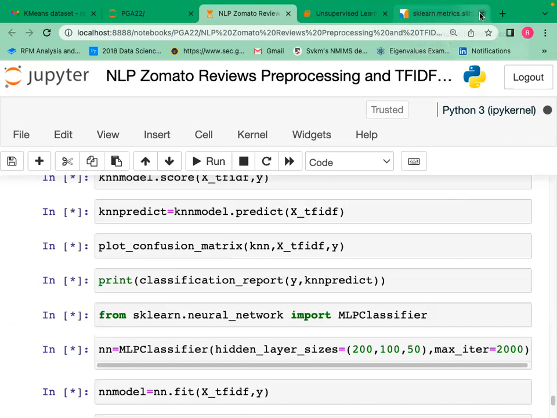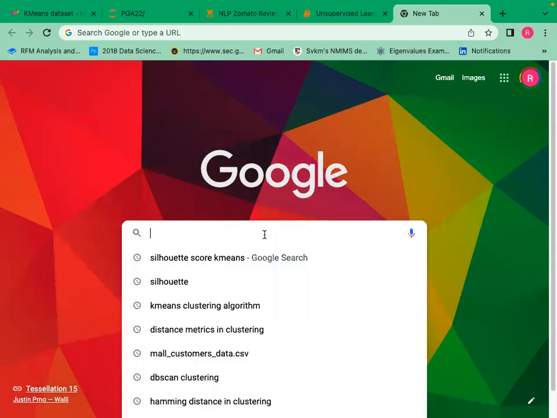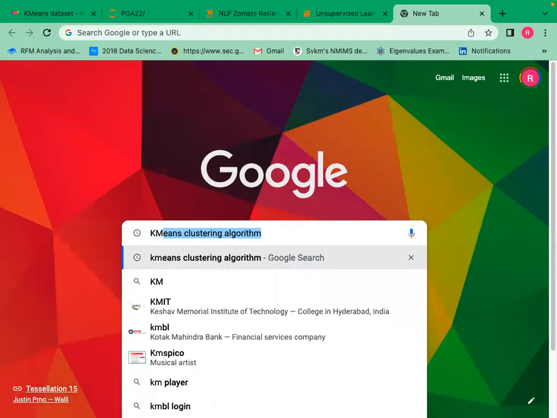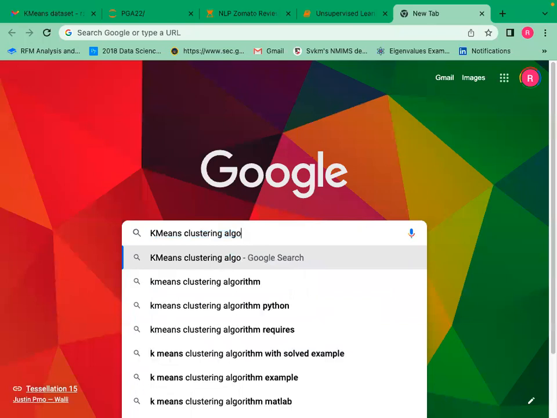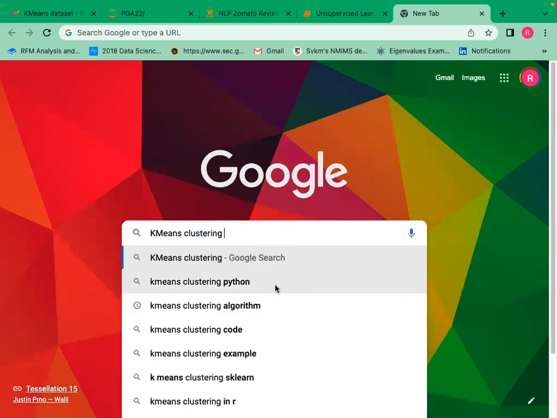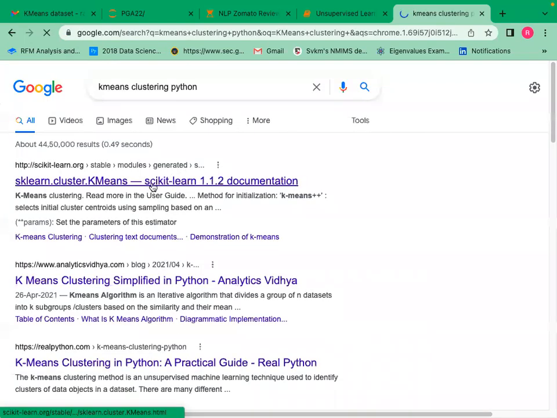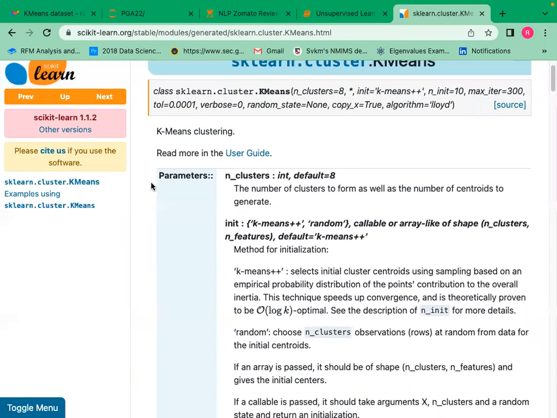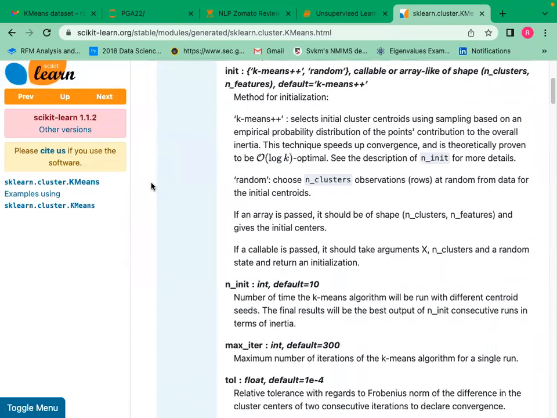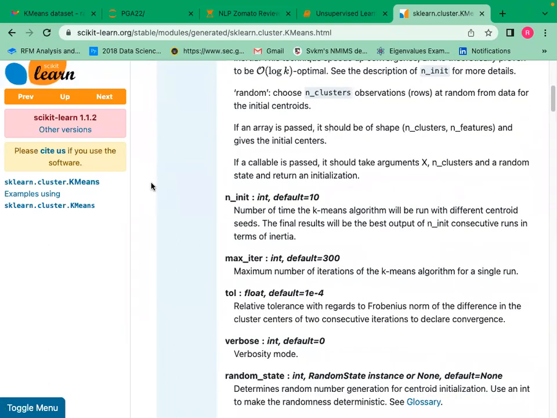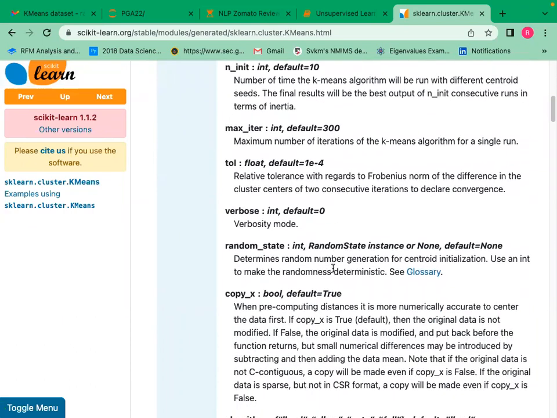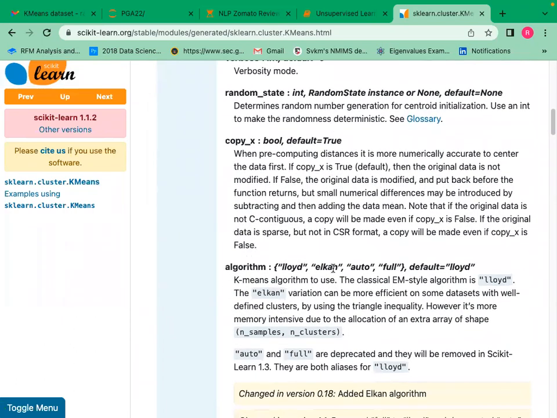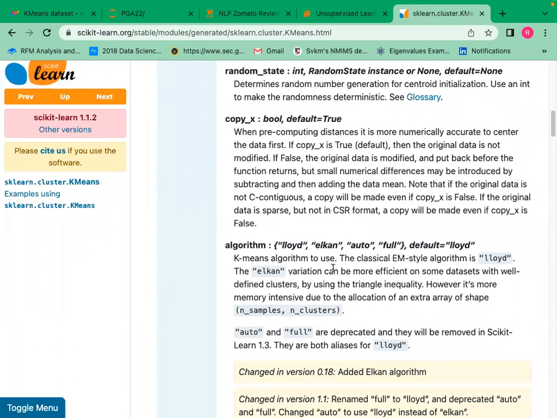So we have to check the K-means also. We have not checked the K-means, right? So max iterations is 300. Max iterations is 300. Algorithm is Lloyd-Elkan auto.